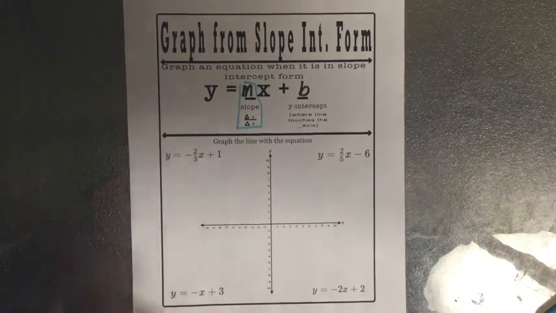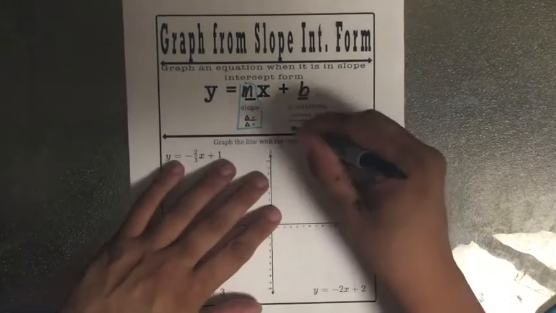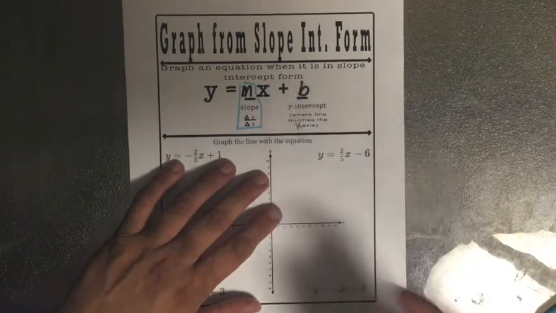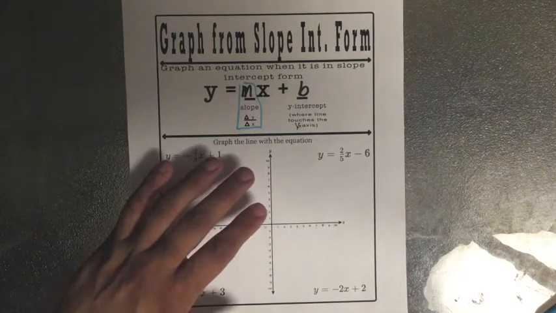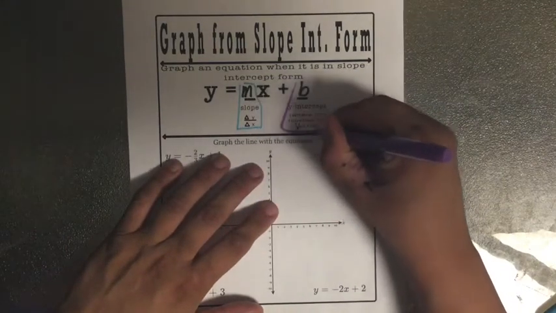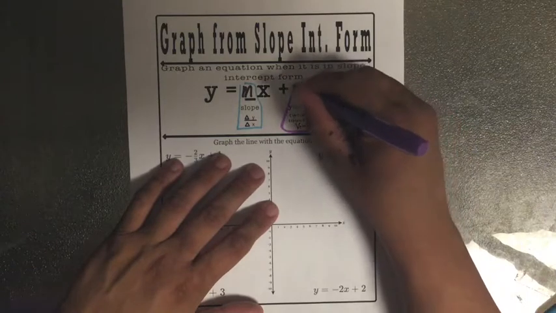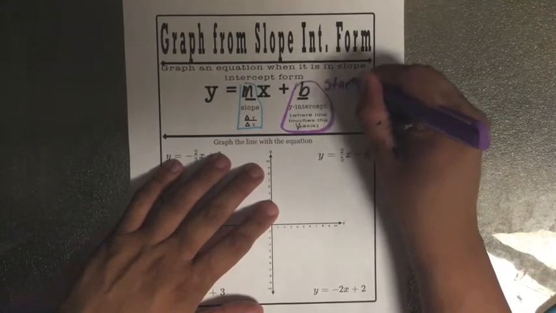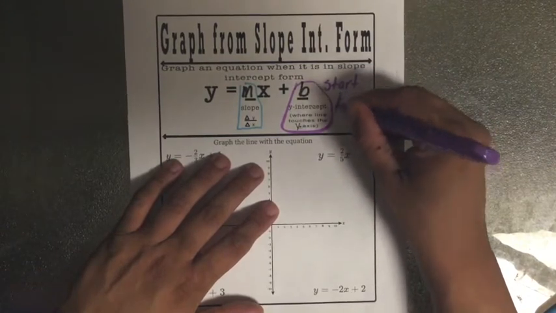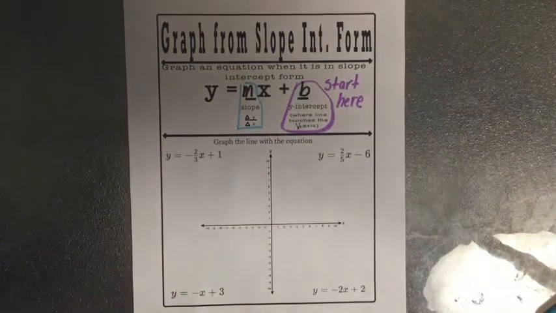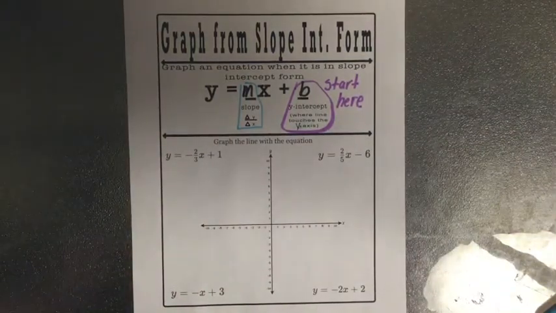So it's where the line touches the y-axis. So we always start with whatever b is, right?